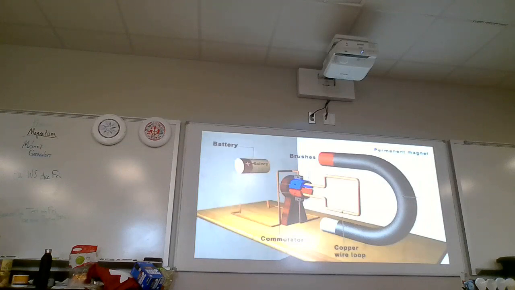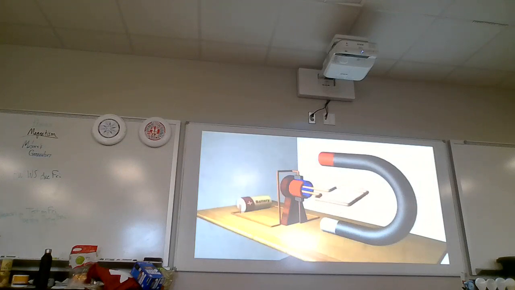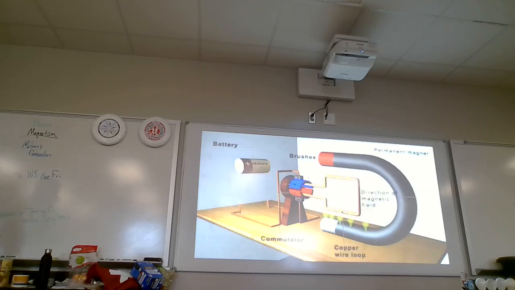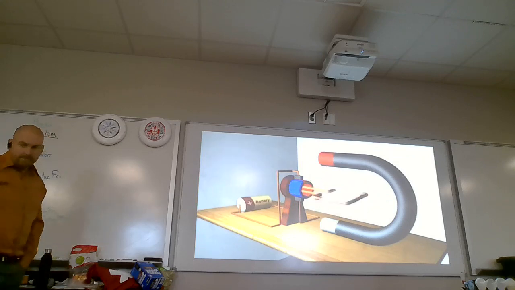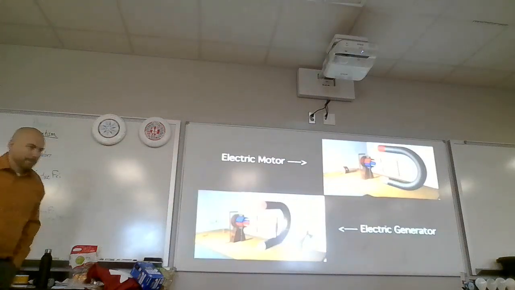Fixed to the loop of copper wire. The commutator rotates freely, rubbing against the brushes. Now, when we pass current through the circuit, this creates a magnetic field around the wire, which interacts with the field of the permanent magnet to produce a rotation of the loop that looks like this. The electric motor and the electric generator are related like two sides of a coin.